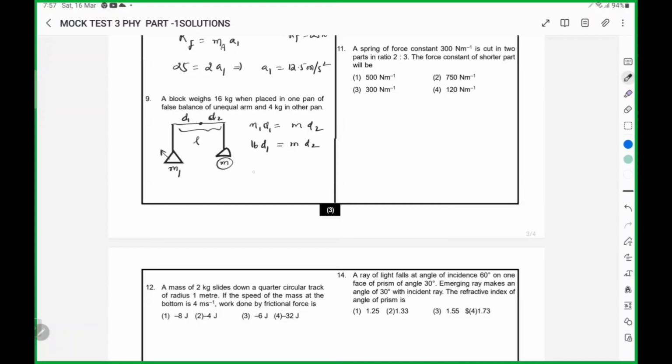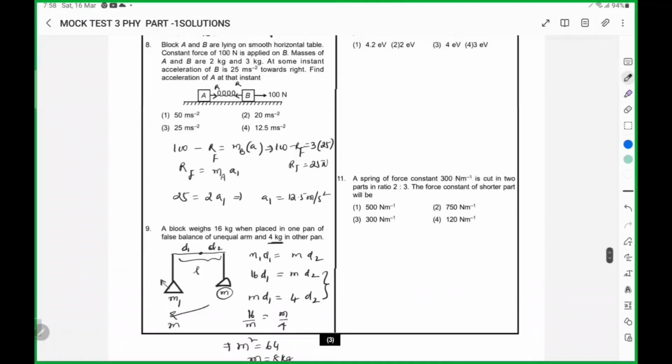So the same mass is placed in the left pan, let us say it is placed here. Then it weighs 4 kg. That is MD1 is 4D2. From these two, dividing one with the other, you get M square is 64. The original mass will be 8 kg.